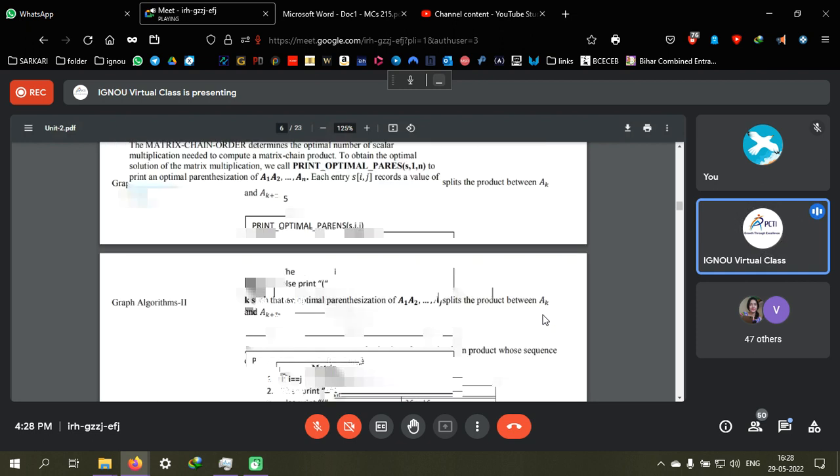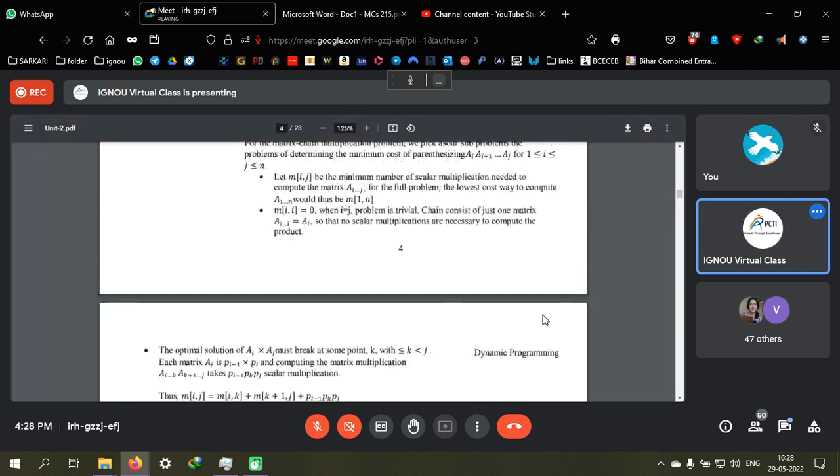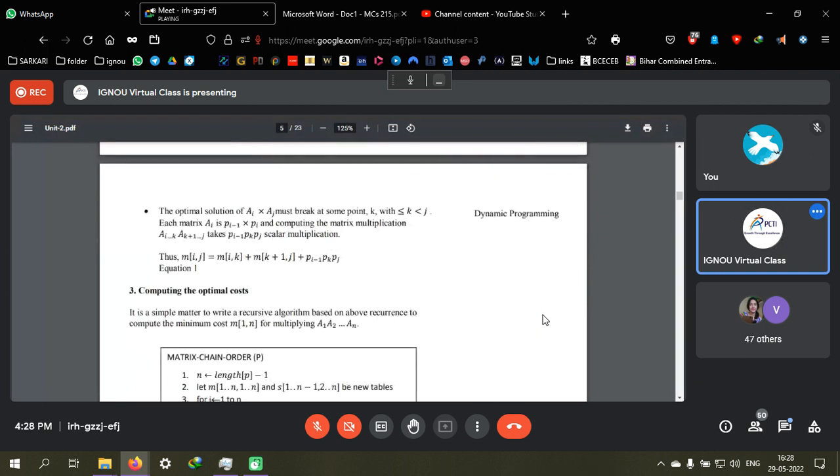Now, second step. The optimal solution of Ai multiplied by Aj. So if I am taking A1 into A2, we must break at some point k. So k is always less than j and k is greater than or equal to i.